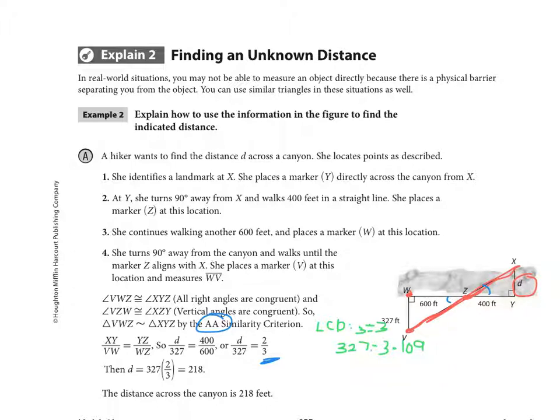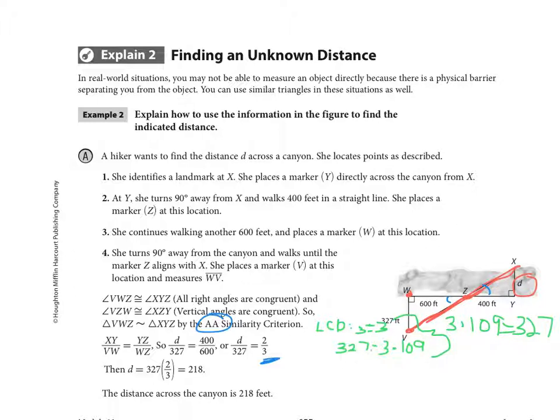And when we merge those two prime factorizations into one LCD, we're going to use both factors that are there. So 3 times 109, or back to 327, is actually my LCD. So one of the denominators is my LCD.